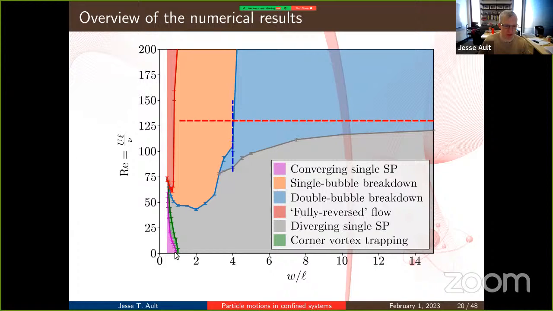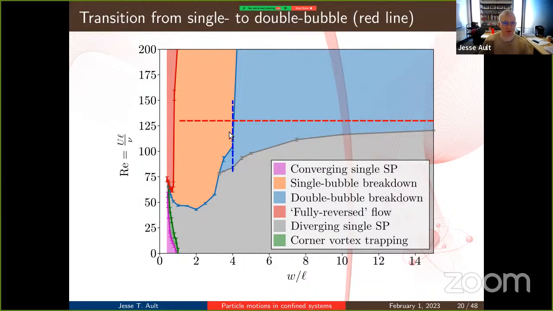Each of these solid lines is a critical Reynolds number for transition between modes. First we can take a look at this red dashed line. Essentially, we're holding Reynolds number constant and increasing the cavity width. And what we'll see is a transition from a single bubble breakdown to a double bubble breakdown.